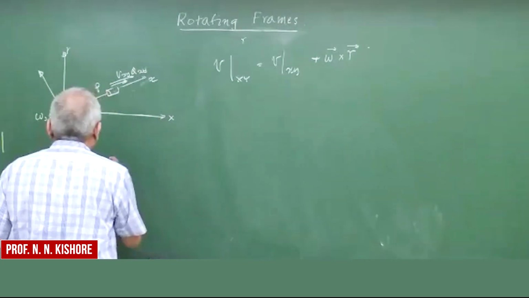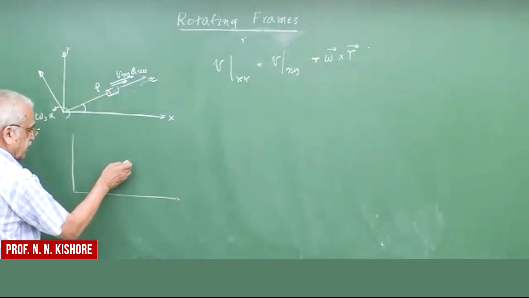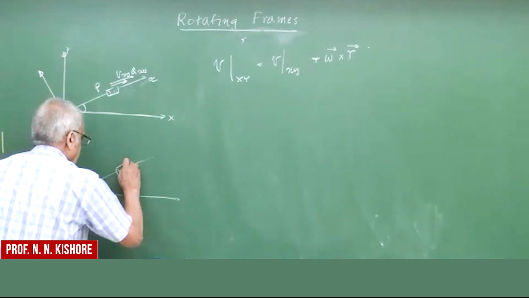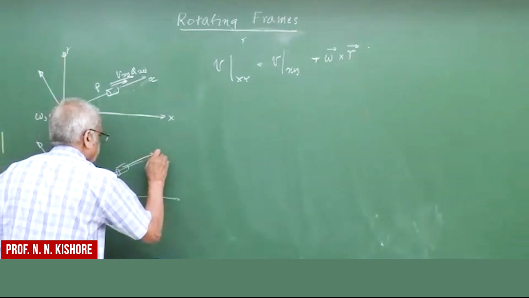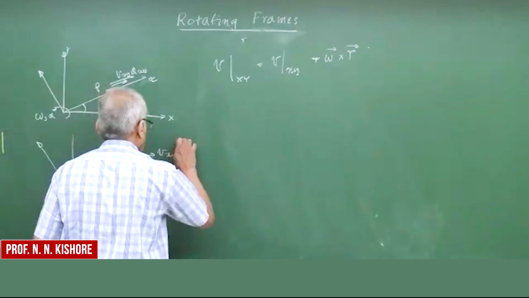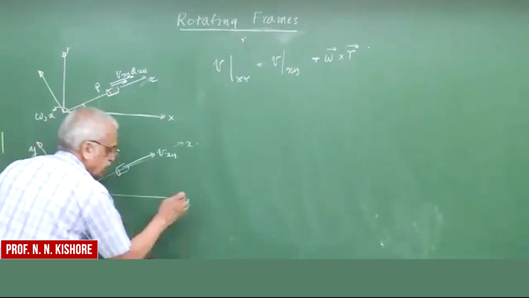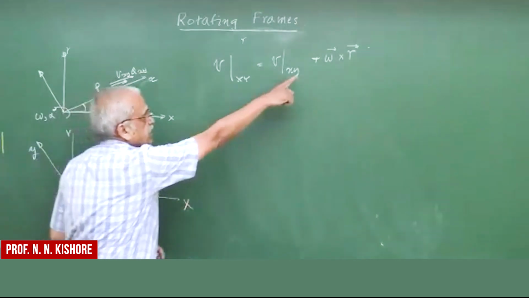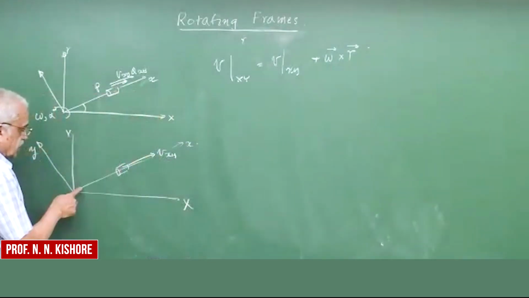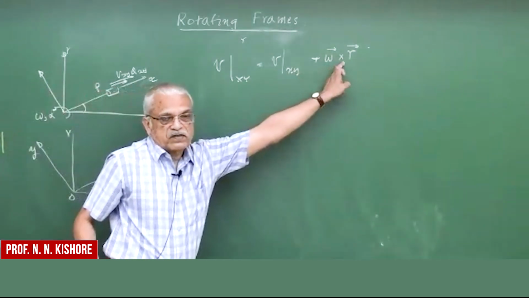And so in the vectorial form, let's try to understand here. As far as the velocities are concerned, we have a small vxy going along this. And what is the second term here? We have to add vectorially omega cross r. So this is r to the origin, and we have to take a cross product with omega.